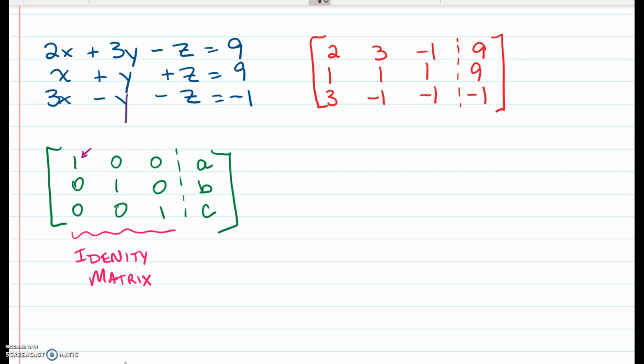This one right here just basically means 1x, and my little dotted line here is equals, and this is a. So at the very end, we're going to have x equal whatever that value is there, y is going to equal whatever the b value is, and z is going to equal whatever the c value is.